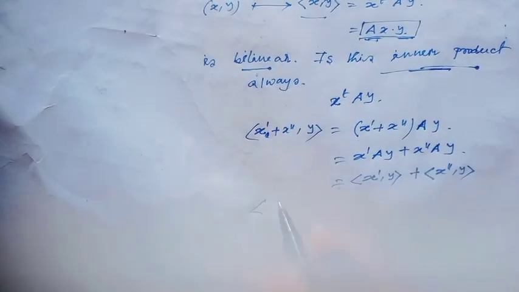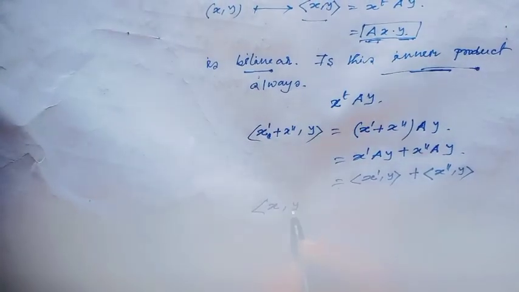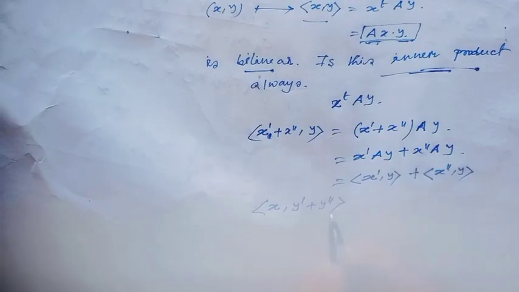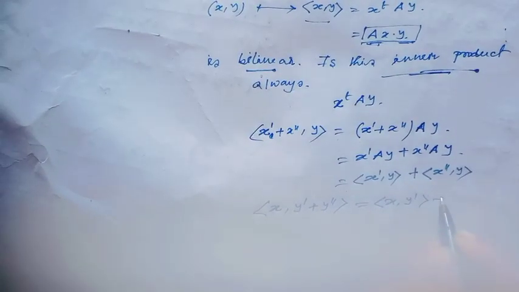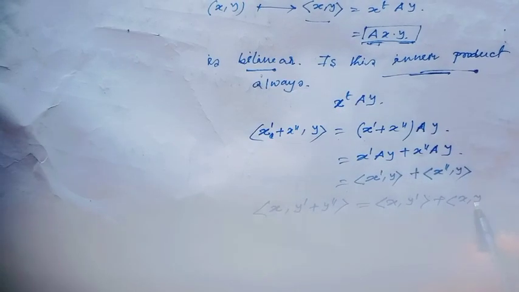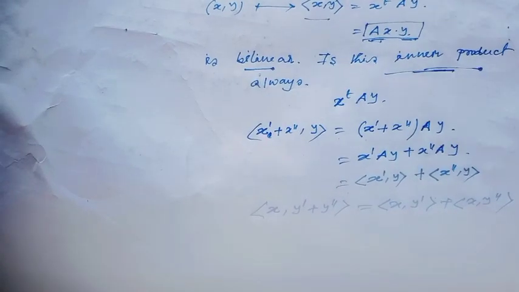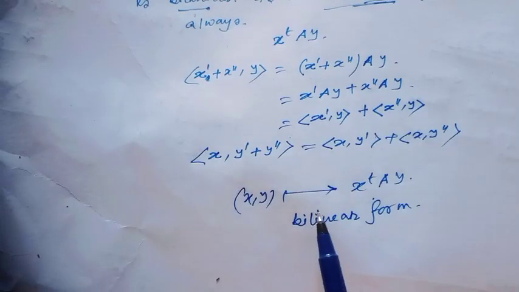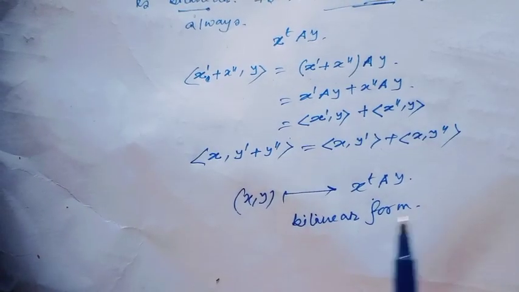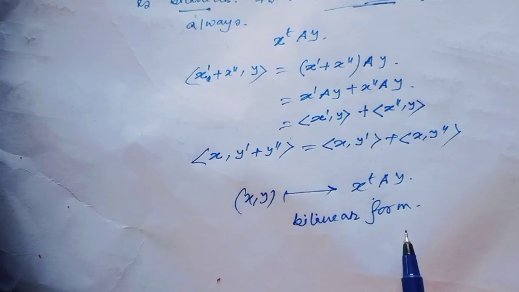Similarly, x comma y dash plus y double dash is written as x comma y dash plus x comma y double dash. That means xy maps to x transpose Ay, obviously this is a bilinear form.